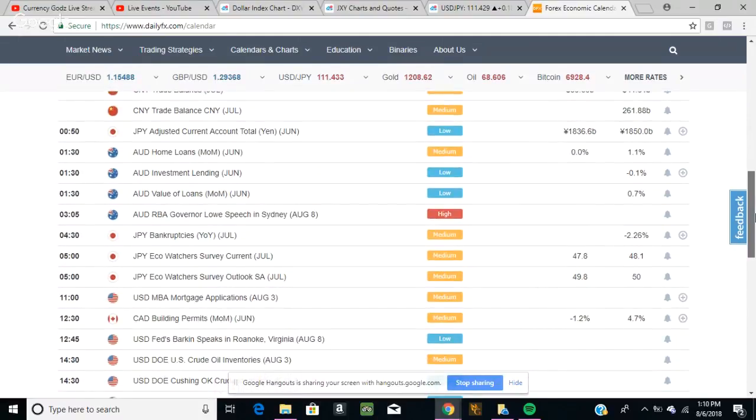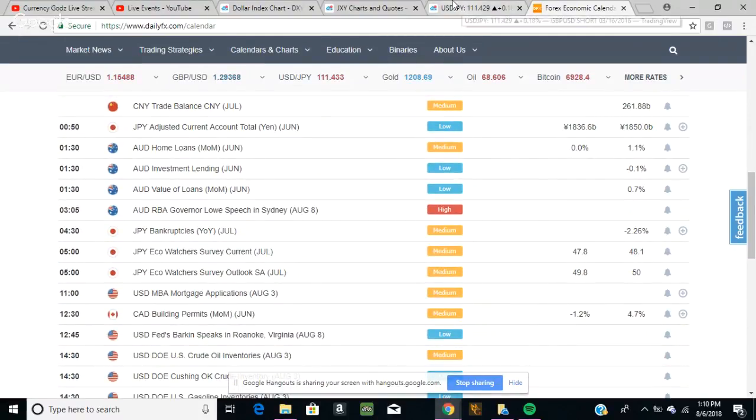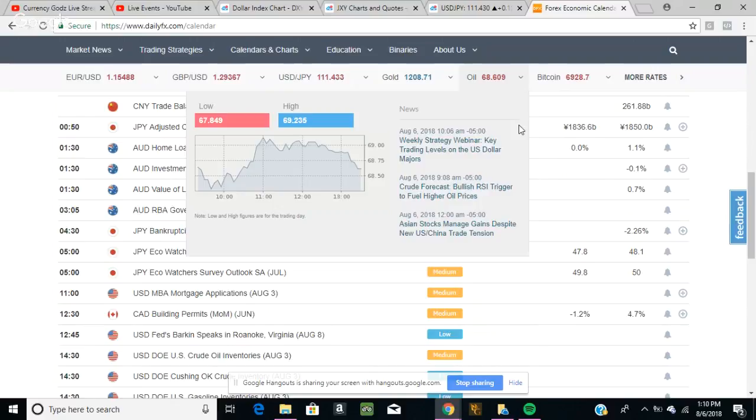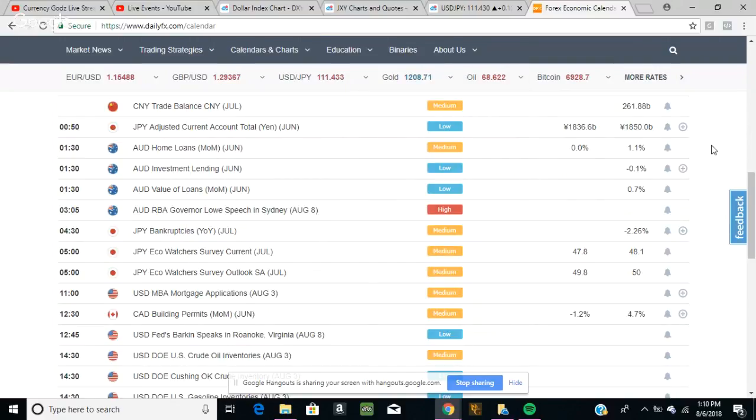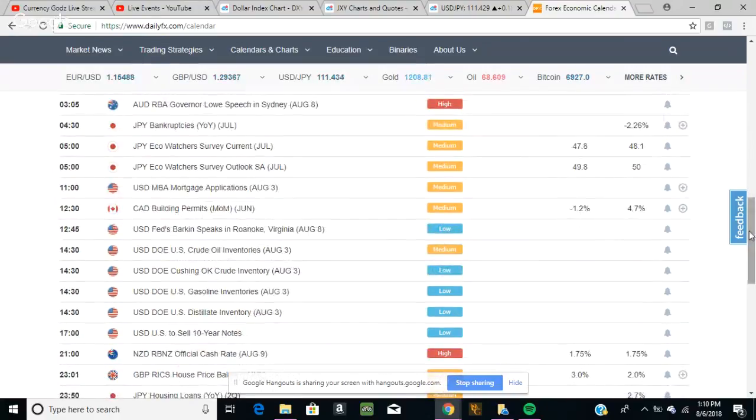That's why you break it down as the US dollar versus the Japanese yen, because that's exactly what it is. In that case, which one is stronger and which one is weaker than the opposite? So that's number one. All right, now let's go to a new chart real quick.